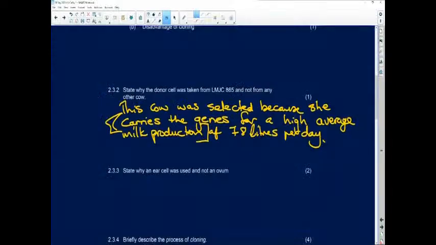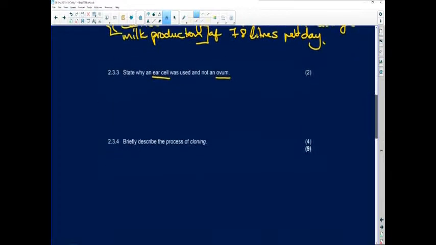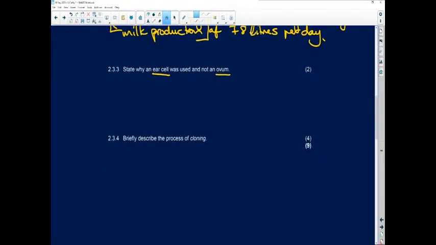State why an ear cell was used and not an ovum. First, you've got to be able to explain why an ear cell was chosen and why an ovum was not chosen. So, easy peasy.